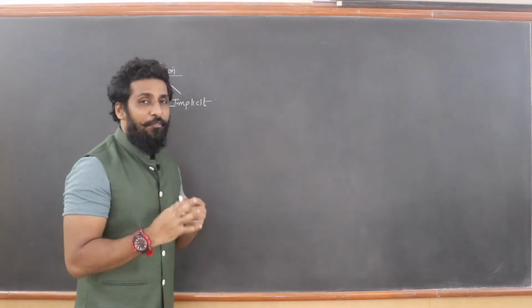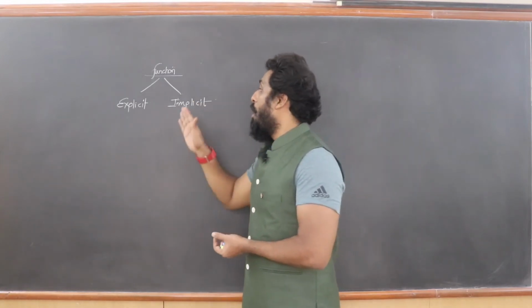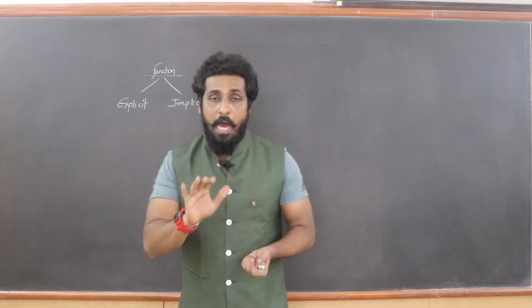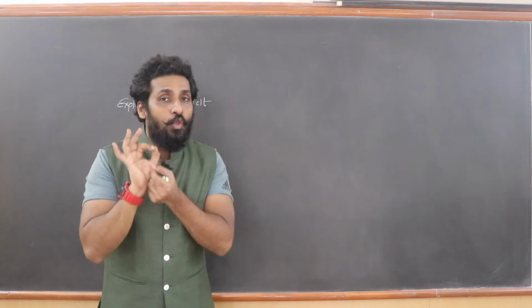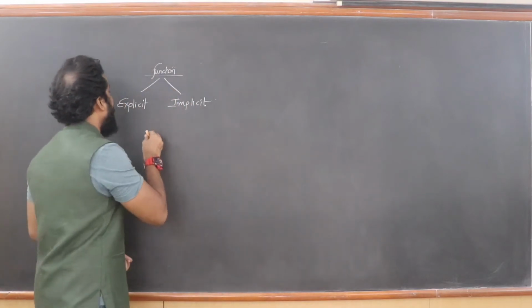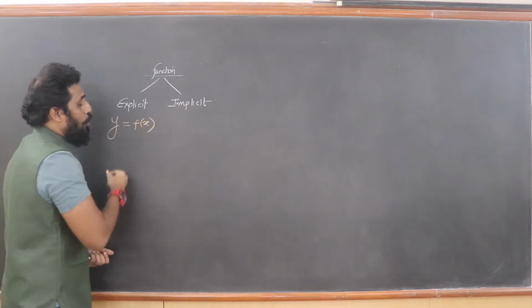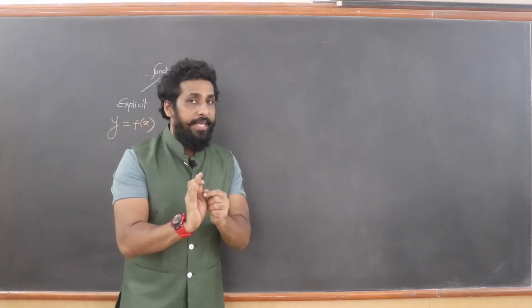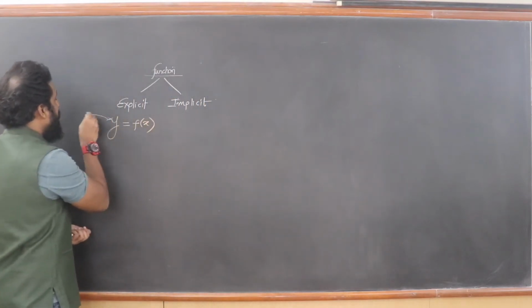Now, what's the difference between them? Let's first try to understand the basic difference between an explicit function and an implicit function. Whatever functions you have derived so far, whenever you write y is equal to some function of x, on the left hand side you get only one variable, and that variable is y, which is called the dependent variable.